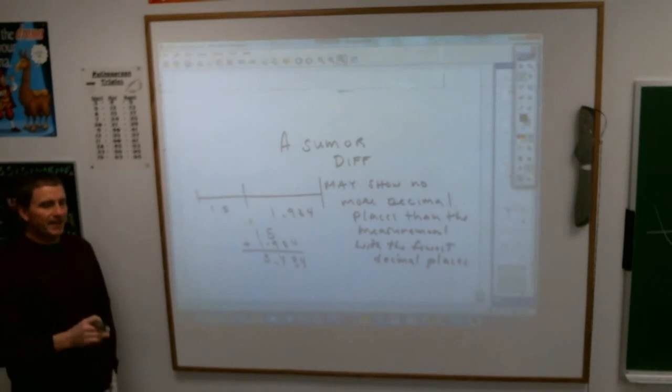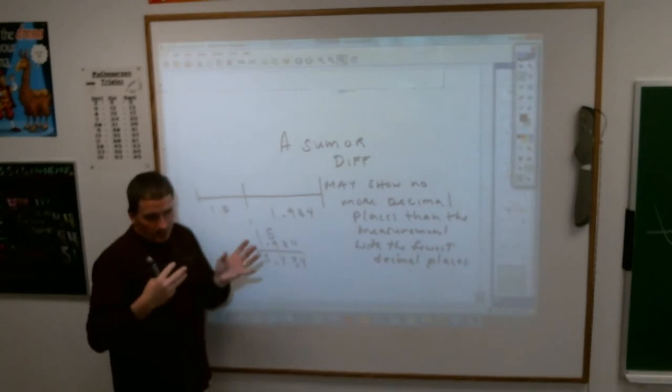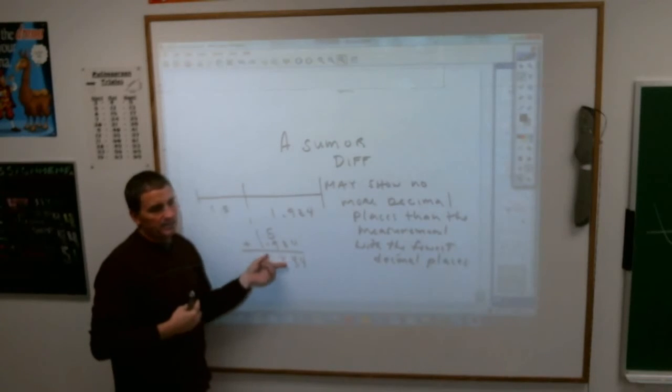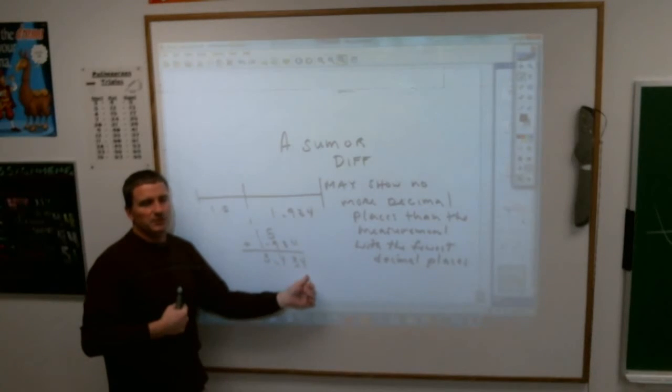Okay, you can't have that because science is a very exact sort of thing, or math when you get into this. If you gave this measurement to somebody, he might think that you measured both of them out to the thousandths place, which you didn't.